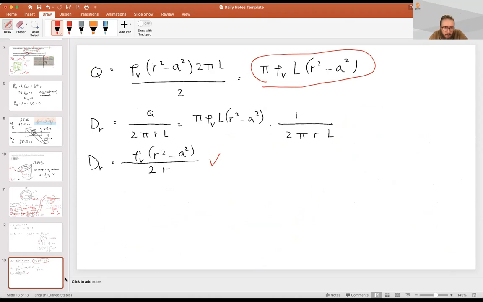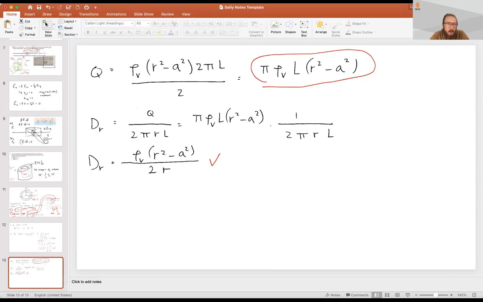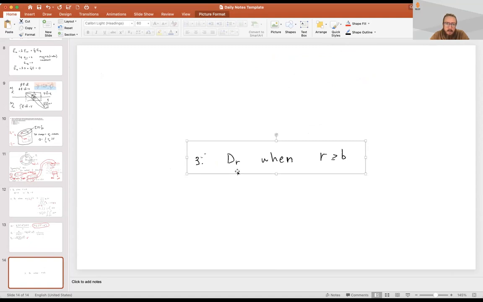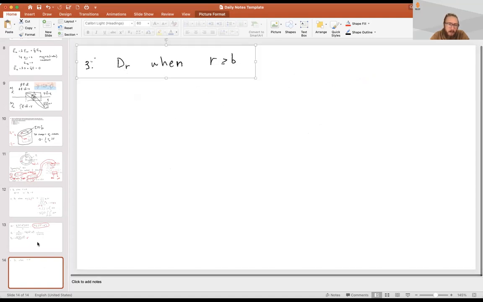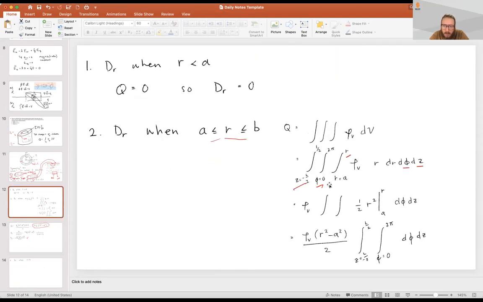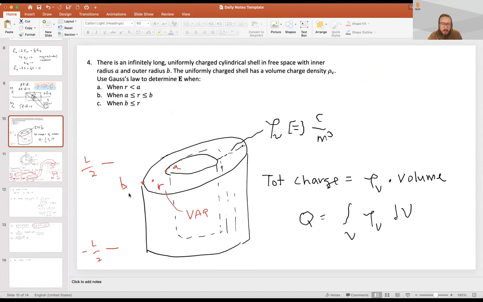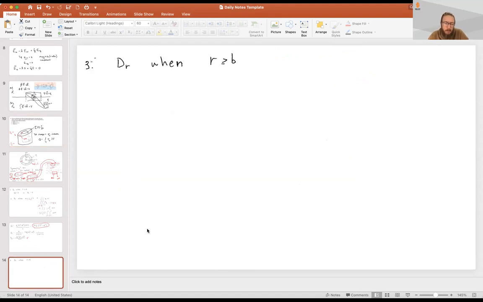But in the final case, when R is greater than B, we've gotten all the way to the edge of the cylinder, we've integrated all the way from A up to R, where R equals B. So once we've finally integrated all of this charge and figured out the total amount of Q, that is when we would get to this step.